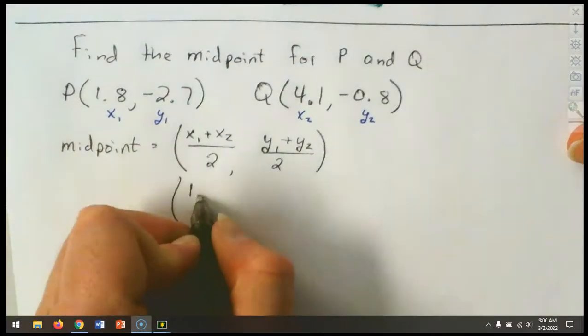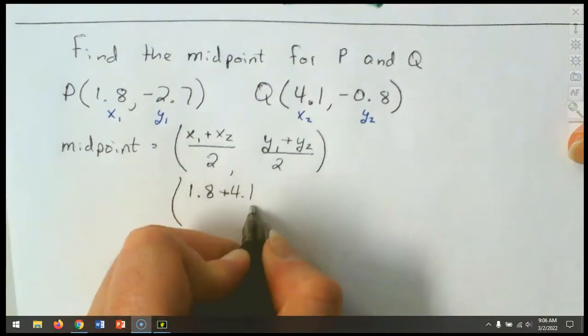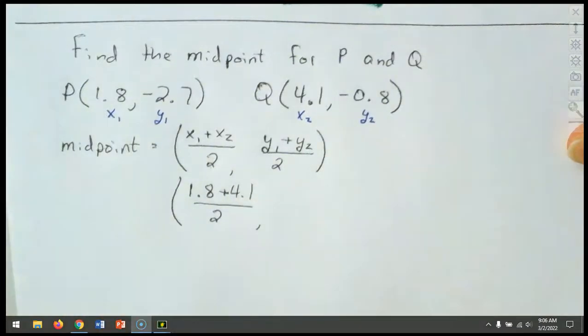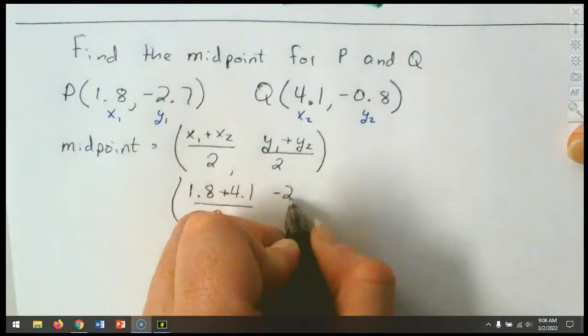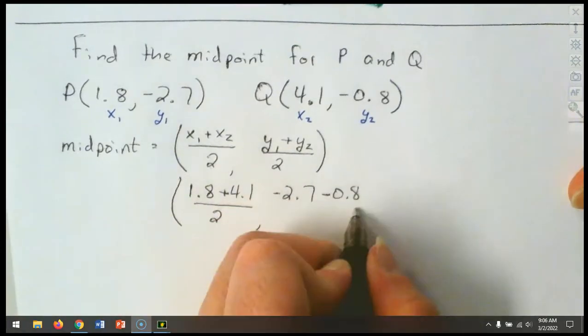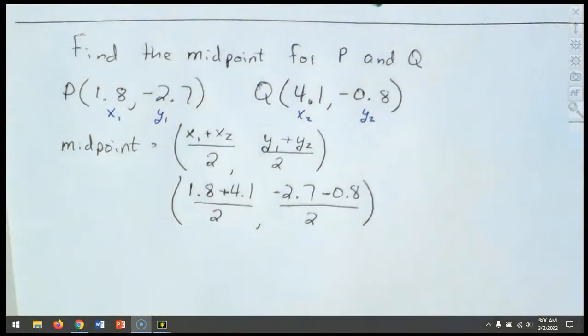So we've got 1.8 plus 4.1 over 2. And then we've got a minus 2.7 minus 0.8 over 2. We're just going to break it down. Now with the decimals, we evaluate them out all the way to the end.